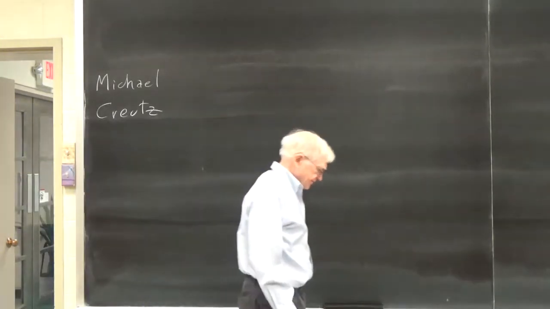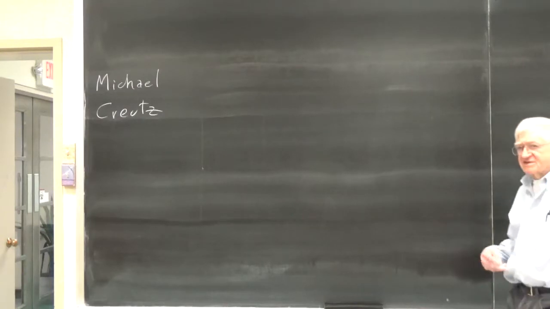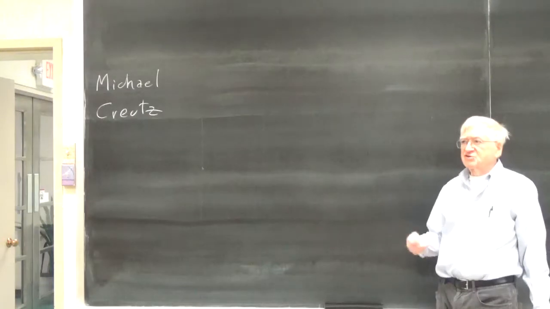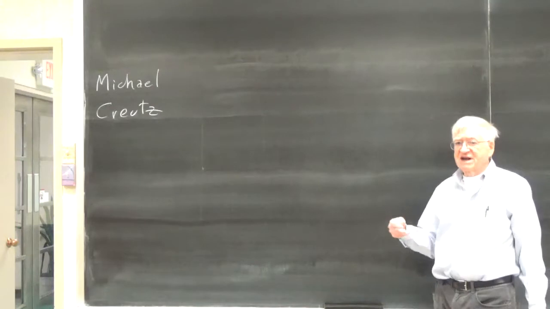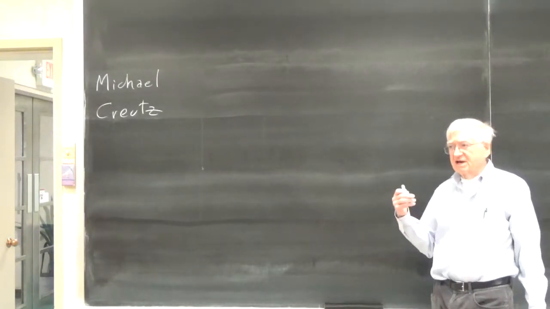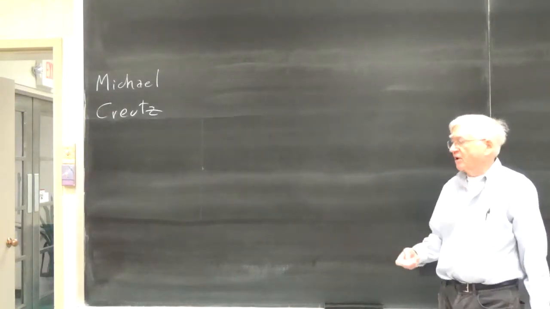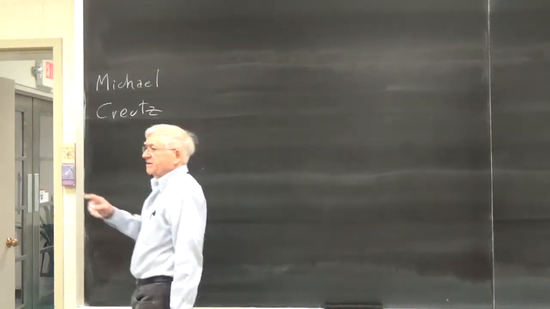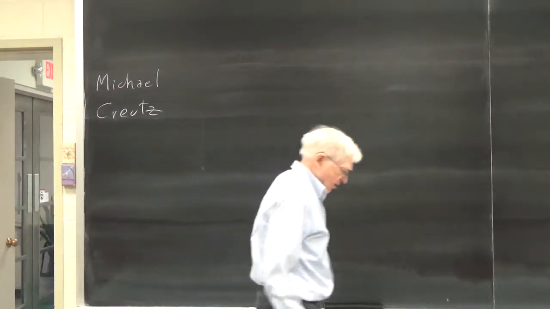About the same time that Wilson suggested doing numerical calculations to evaluate path integrals to understand quark confinement and quantum chromodynamics at strong coupling, where perturbation theory wouldn't work, Creutz suggested using the Metropolis method in the way I described in the last half hour.